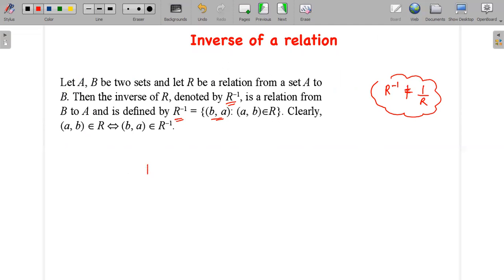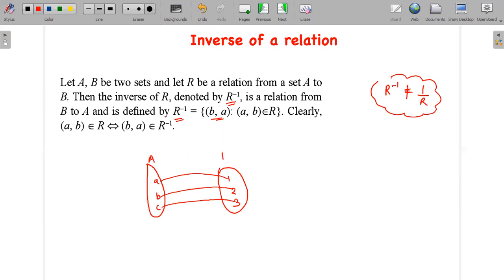Say I have these elements in set A, A comma B comma C, and they are related with the elements 1 comma 2 comma 3 in such a manner that A is associated with 1, B with 2, and C with 3.